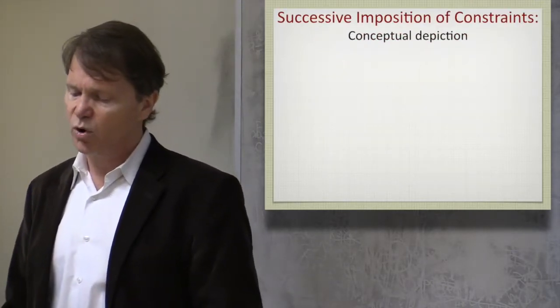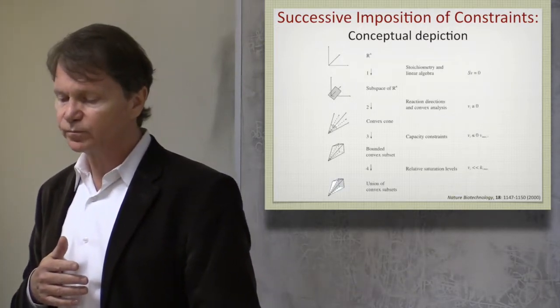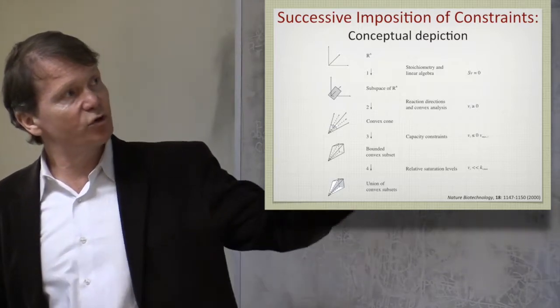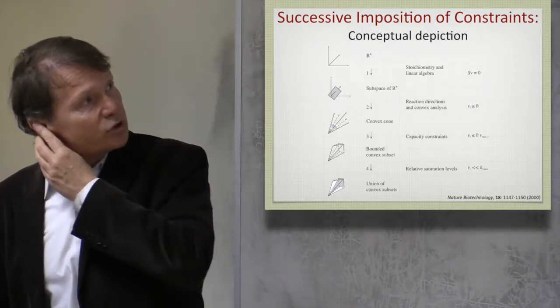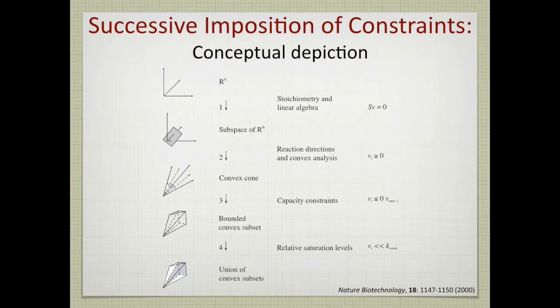Often they are imposed successively, so there's like successive imposition of constraints. And this is an old image that shows that. The first one starts with an unconstrained space. And the first constraint that's imposed here is the dynamic mass balances, and that leads to a plane, that null space that's a plane. Then you may impose the non-negativity constraints of the fluxes, and now you get a cone that is convex. Then you may impose the maximum constraints, and that closes off the cone, and now you have a closed solution space.